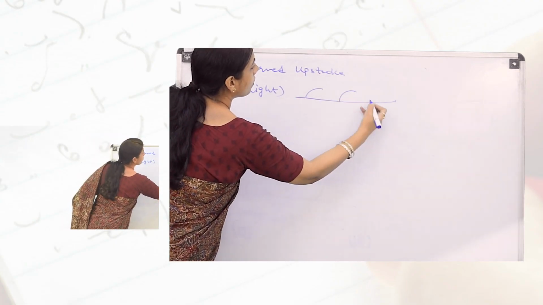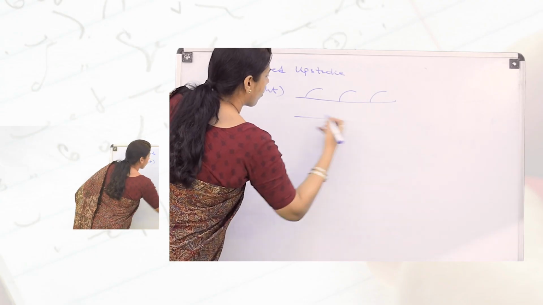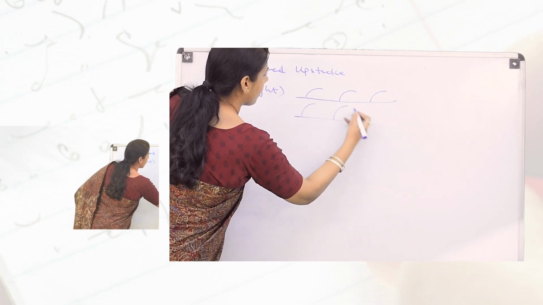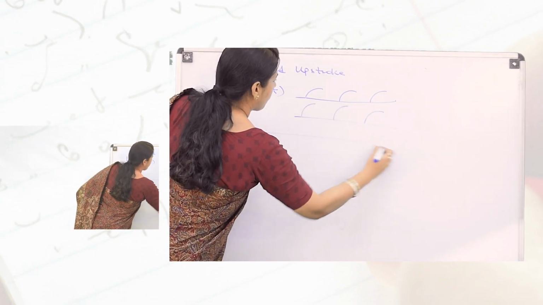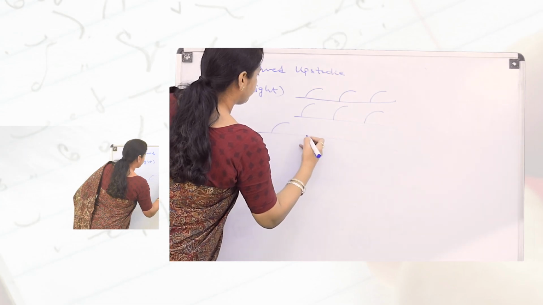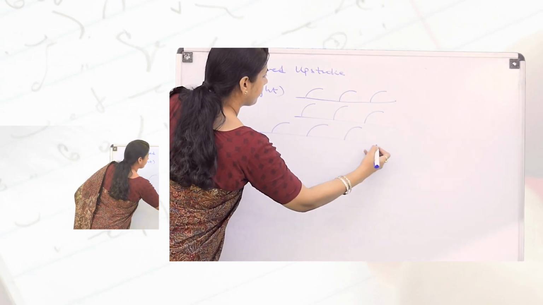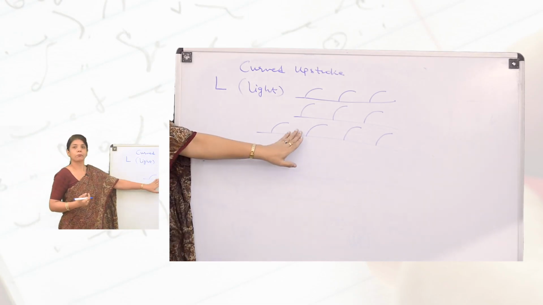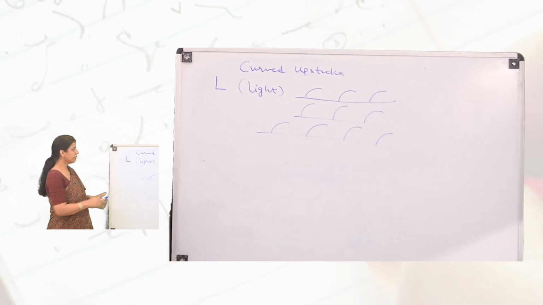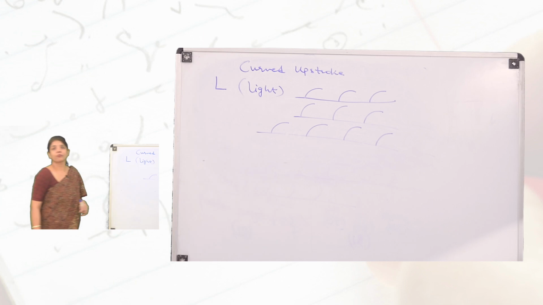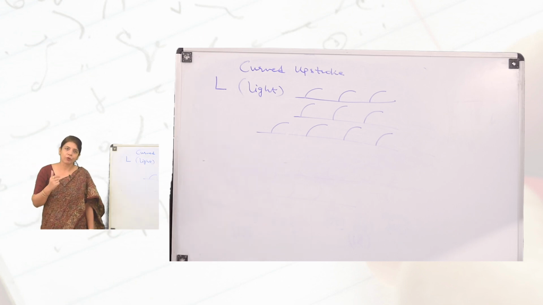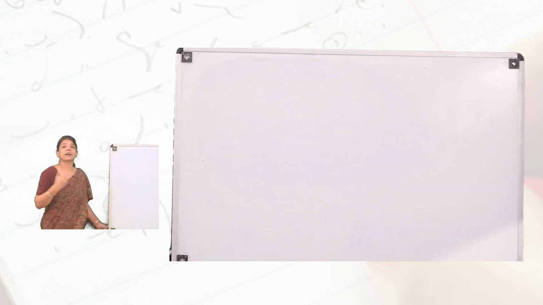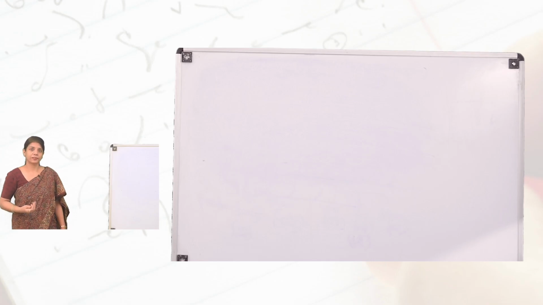So this is the outline for L we use in shorthand. A curve from bottom to top. This is basically L. So we have finished all 24 consonants, basically the sounds of all the consonants, whether they are light or dark, and the outline for each and every consonant.